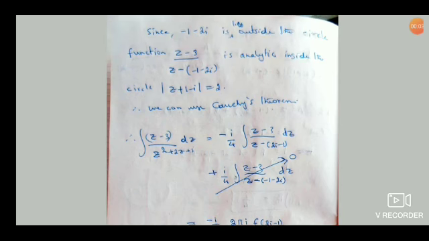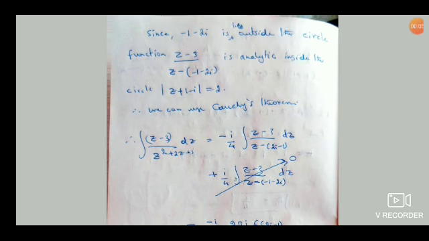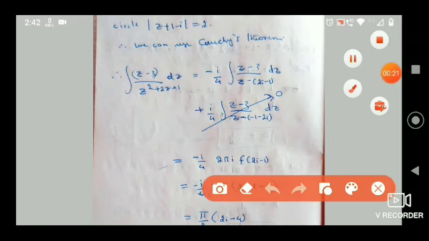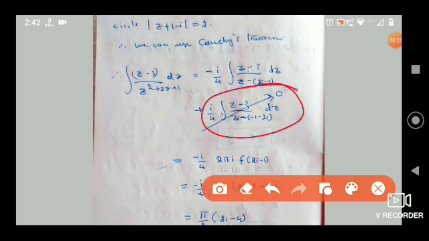So I can use Cauchy's theorem here for the second term, and for the first term I use Cauchy's integral formula. So the second term became 0 because by Cauchy's theorem this whole term is analytic inside the circle, and for this we have to use Cauchy's integral formula, which I used here.